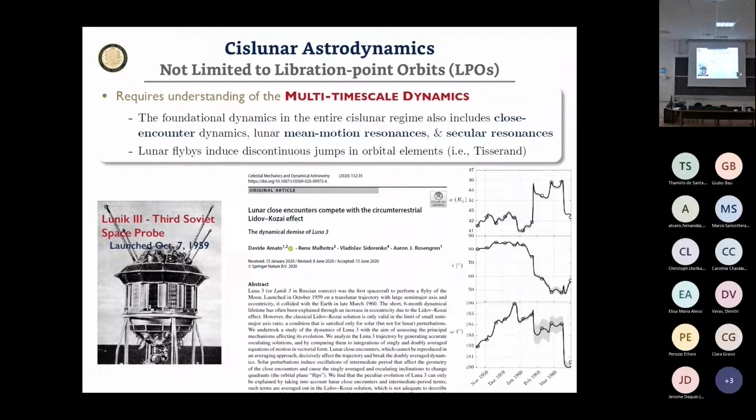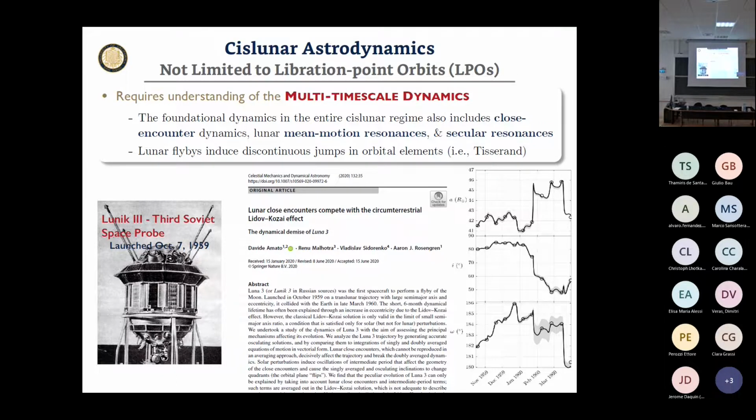This is the first actual gravity assist, and it was designed to return after its first passage into an orbit so that it can relay the first pictures of the far side of the moon to the Soviet stations. They actually lost track of the satellite after this. This predated the Voyager gravity assist, so this was the first gravity assist ever designed in astrodynamics.